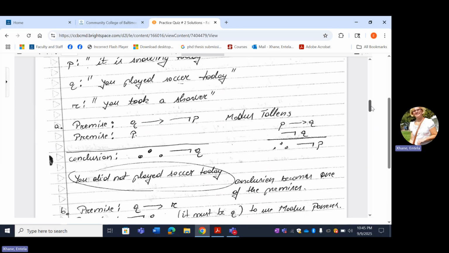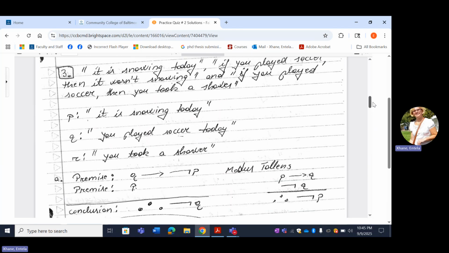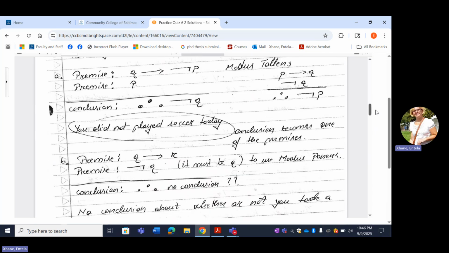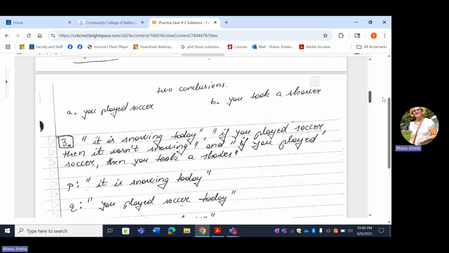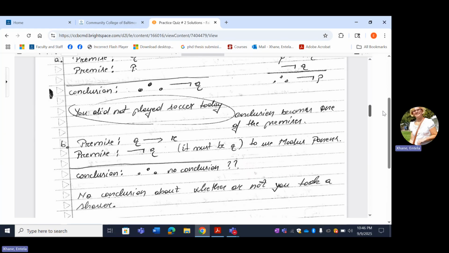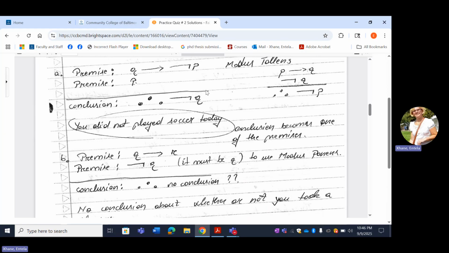Now the conclusion of this one will be combined with the if-then premise, which is if you played soccer, then you took a shower, to create a brand new argument. So we have premise, if you played soccer, which is Q, then you took a shower, which is R. So Q implies R. And then premise number 2 is the conclusion of part A, which is not Q. Now, in order for me to use modus ponens, this not Q must be a Q in order for me to conclude.